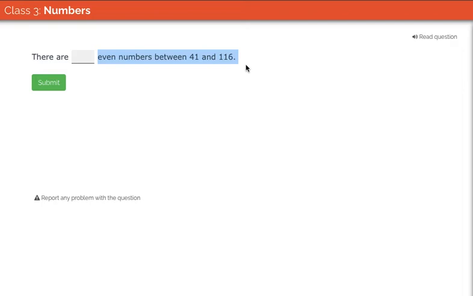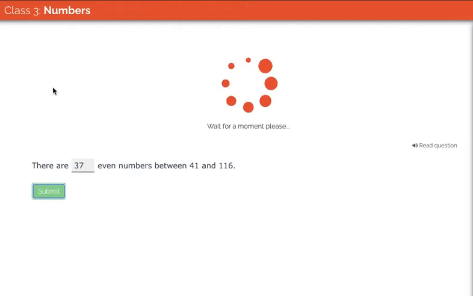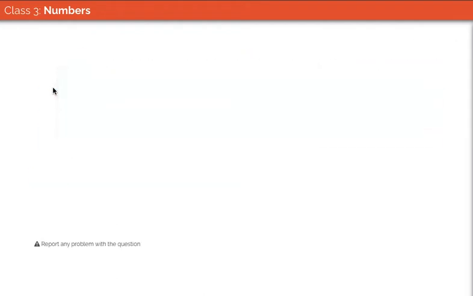Now minus 1 from 75, 74. Now divided by 2. 37. Let's just recheck by adding 37 plus 37. Yes. So 37. Bravo.